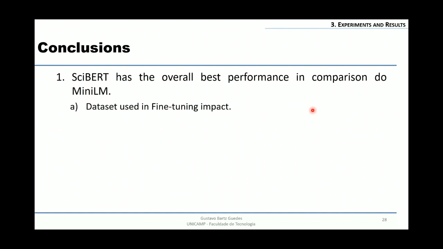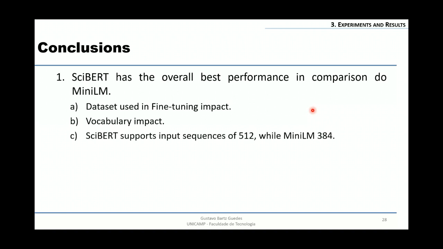CyBERT is a BERT for the scientific domain, so this has a large impact. Also, all the vocabulary of CyBERT is the vocabulary of the scientific domain. So if we're using papers to structure sentences, this has a great impact.